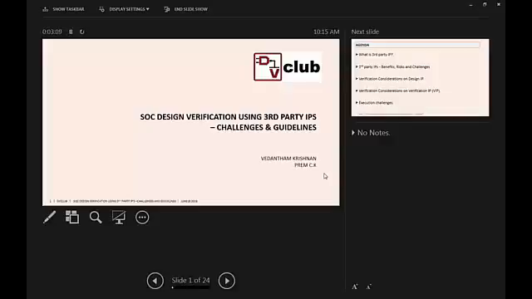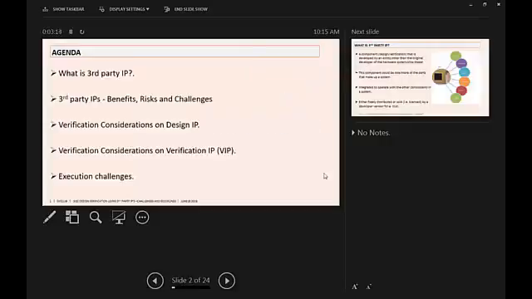So now we begin our agenda. This is how the agenda of the presentation is going to be. What is a third-party IP? And when you choose to go with third-party IPs, what are the benefits and what are the risks and challenges that you consider? Then, as we have choices on third-party IPs that we can use for design as well as for verification, we're talking here more in the context of verification.